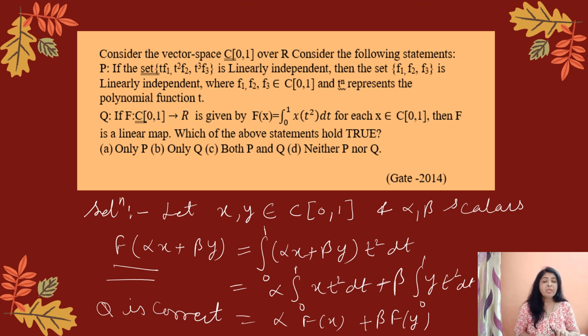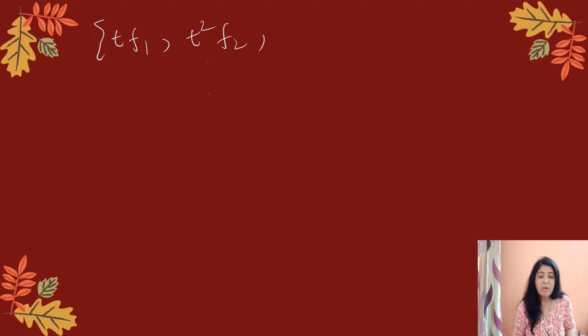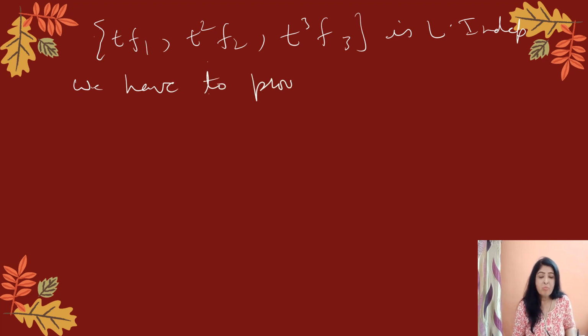This is correct. Next is T F1, T square F2, T cube F3. Next we are given that T F1, T square F2, T cube F3 is linearly independent, and we have to prove that F1, F2, F3 is linearly independent.